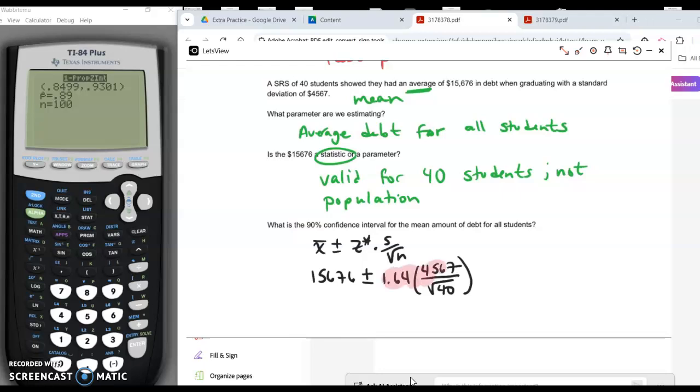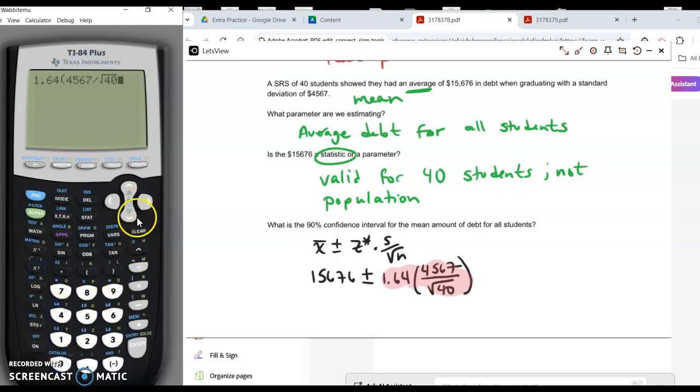I do it the exact same way we did above. I would find the margin of error, which is going to be all of this stuff. So I'll jump over here and just say 1.64 times 4,567 divided by the square root of 40. And that'll give me my margin of error, which is a pretty big one, but these are pretty big numbers.